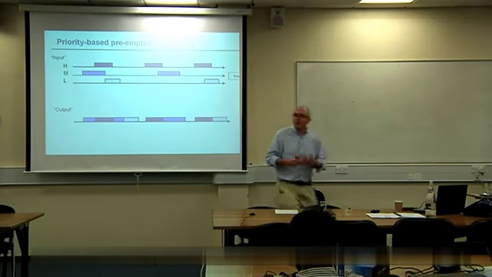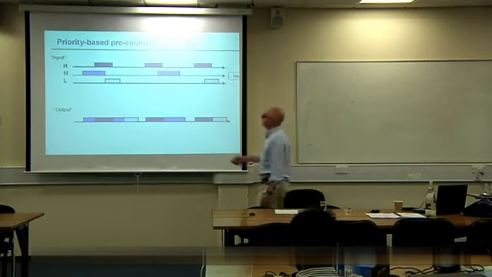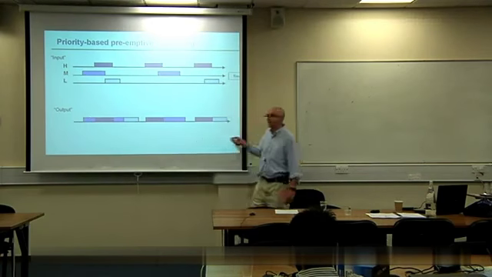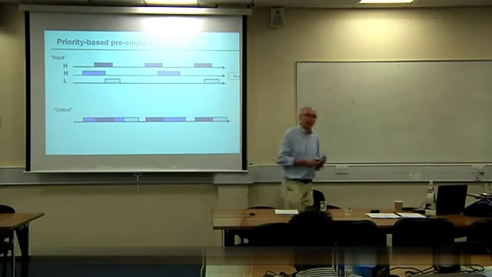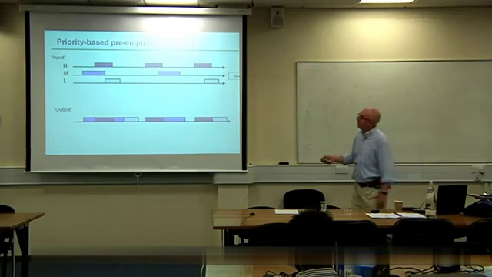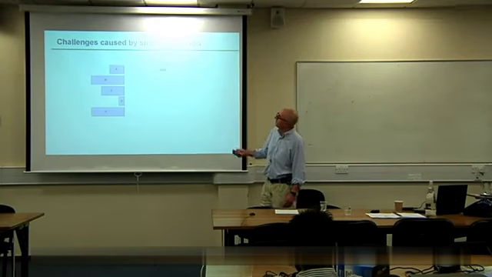So you can only do it temporarily in most non-trivial systems. So this assumes that the tasks don't have shared resources. In practice, when the tasks do have shared resources, life becomes a little bit more interesting.